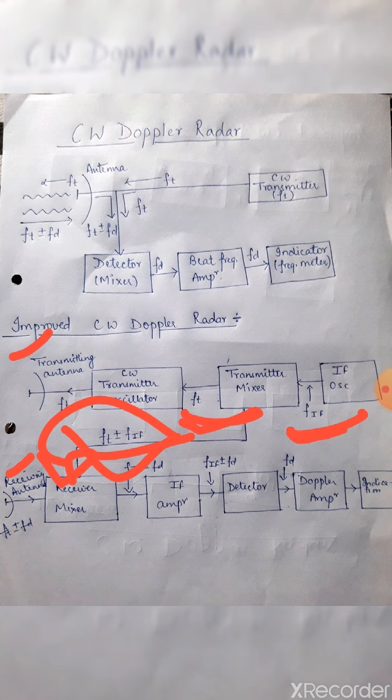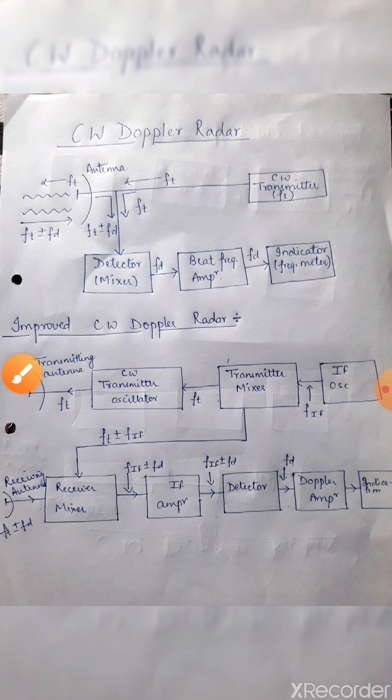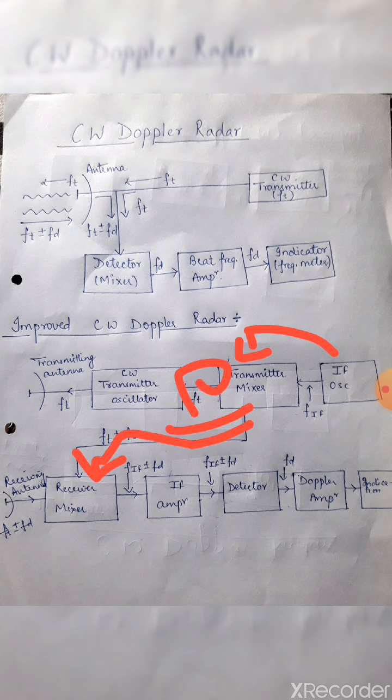The output of the transmitter mixer and the receiving antenna are mixed in the receiver mixer, where Fif is the intermediate frequency and Fd is the Doppler frequency.